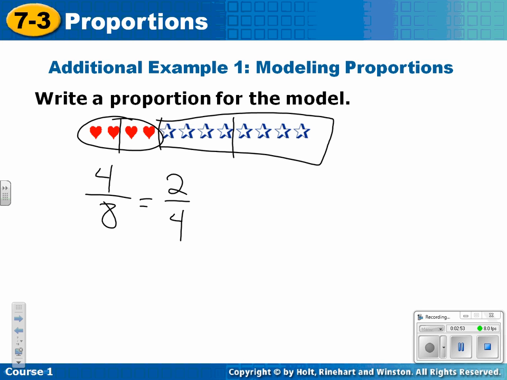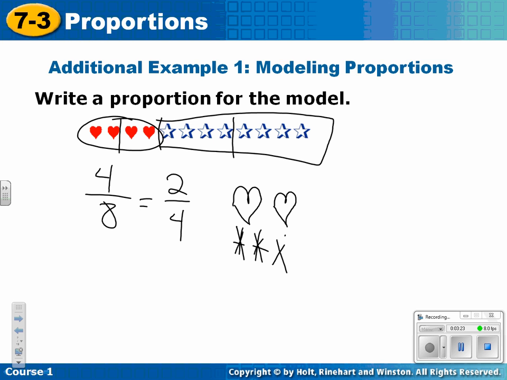Now, if I had you draw it out, you would draw 4 hearts. So you would make your little hearts. That's sweet. 2 hearts, and then you would draw 4 stars.